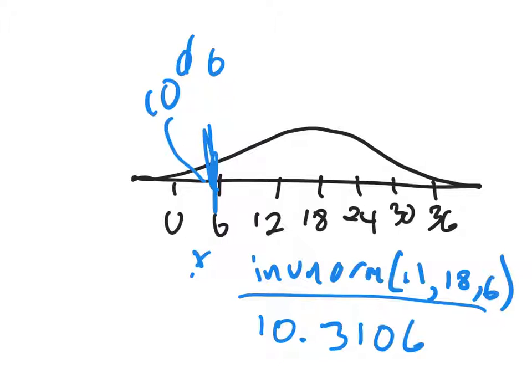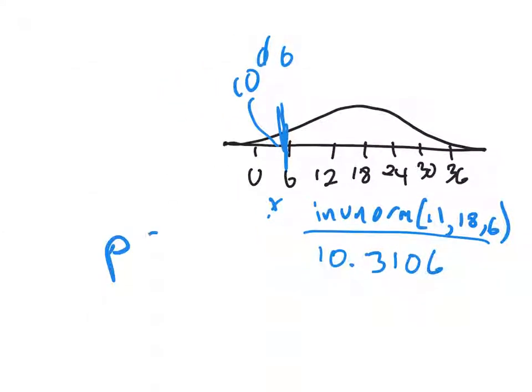So if I want to be in the 10 percentile, I have to read the question correctly. What I'm really looking for is the probability that x is less than or equal to... actually, I did that wrong.